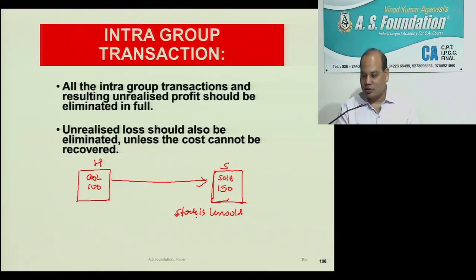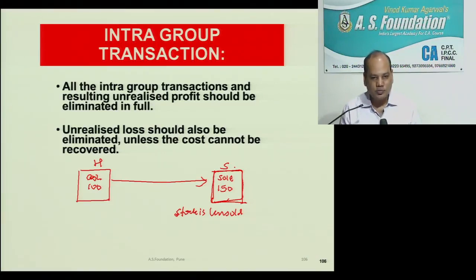That is consolidation. Now the inventory is appearing in the books of subsidiary at 150, which includes the profit made by holding company, 50 rupees. So you have made profit from yourself, because now the two companies are presented as a single enterprise. Your own stock, which was purchased at 100, is appearing at 150 in the balance sheet.